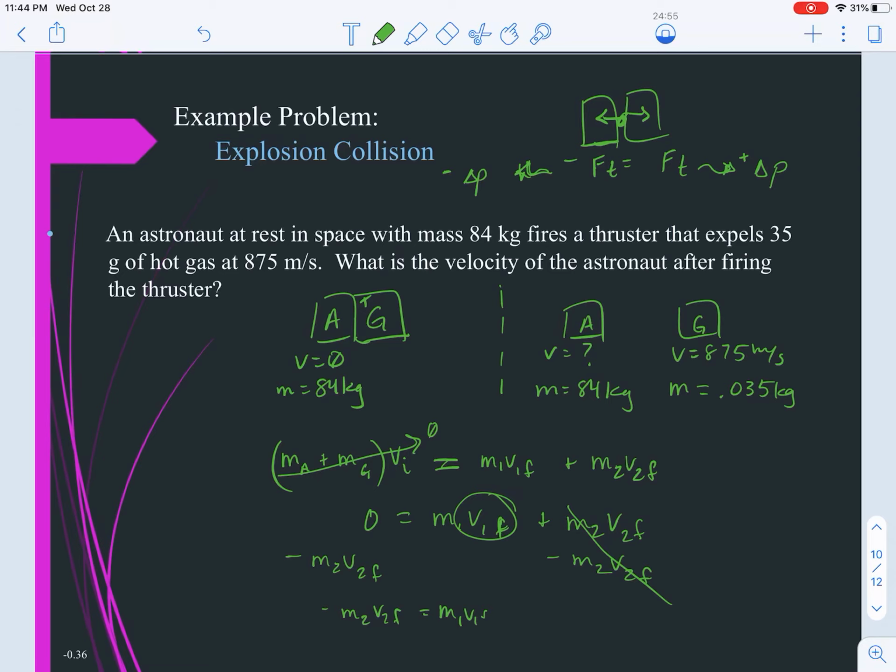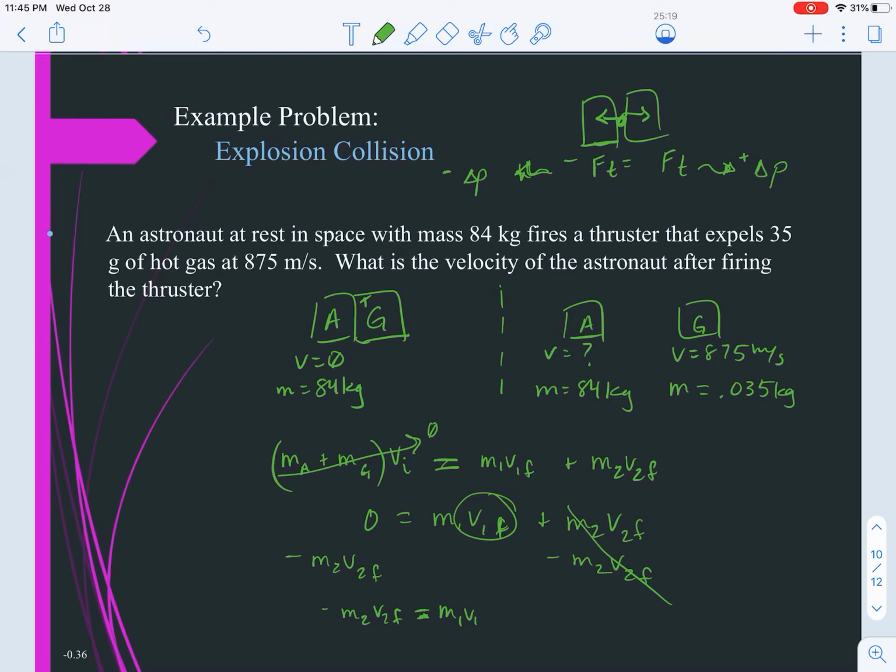All right, so now we have our relationship set up where we have negative m2v2 of our second object equals a positive magnitude of m1v1 of our first object.